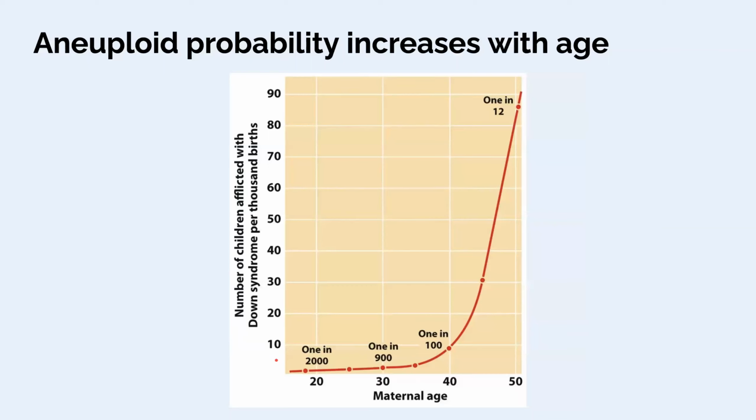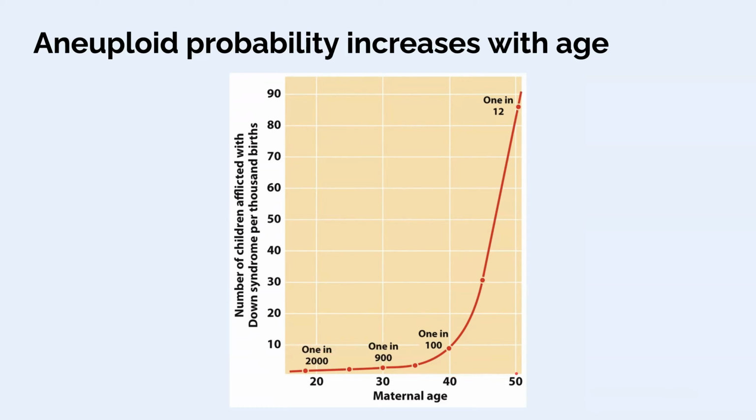Another thing you might have heard is that in human pregnancies, as the mother gets older, the chance of something like aneuploidy, Down syndrome, in the children increases with time. The molecular mechanisms that assort the chromosomes into gametes break down a little bit over time, so with the age of the mother, the chance of this goes up.